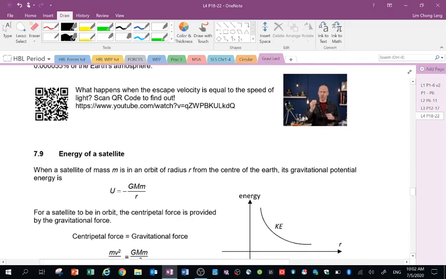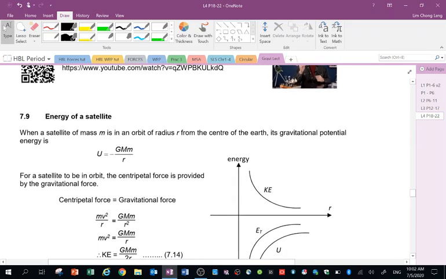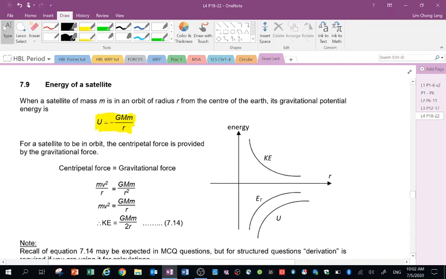Okay, energy of a satellite. Now, this is one of the four formulas I asked you to memorize, one of the four that we talked about at the start of the lesson. This is the potential energy of the satellite at a distance r from the center of the planet. This is the normal way of writing. Centripetal force is provided by the gravitational force.